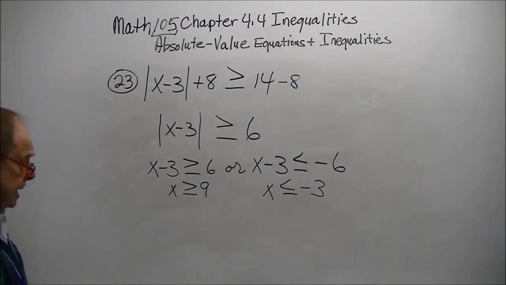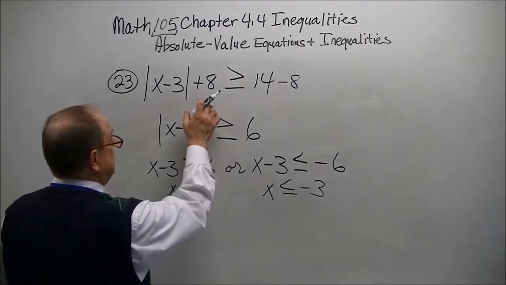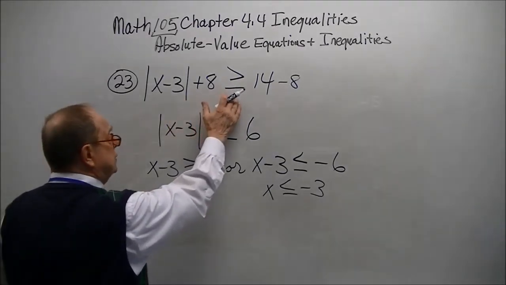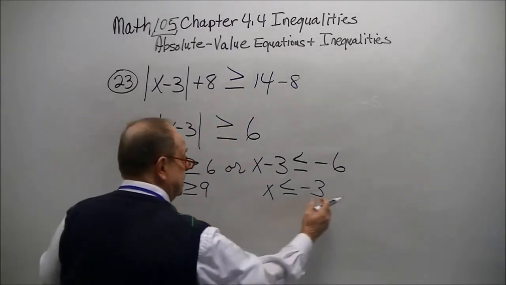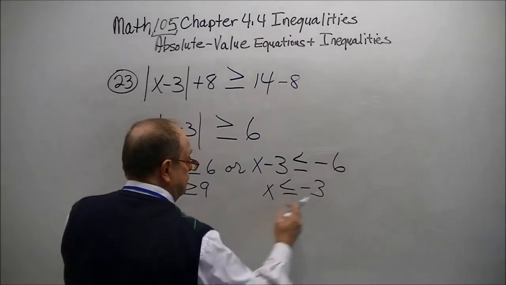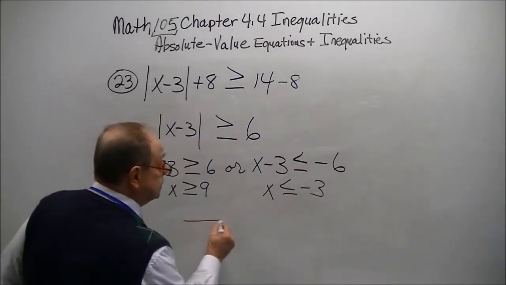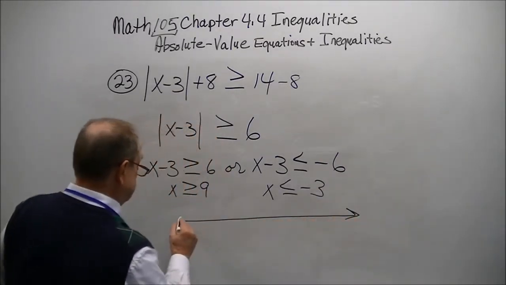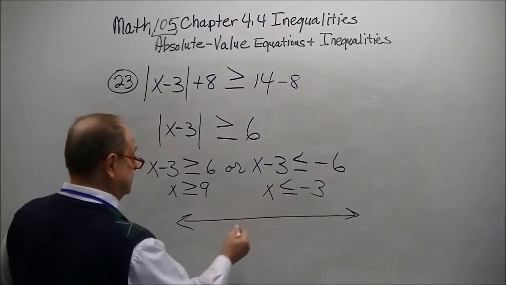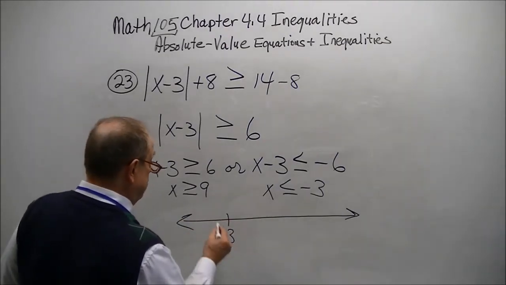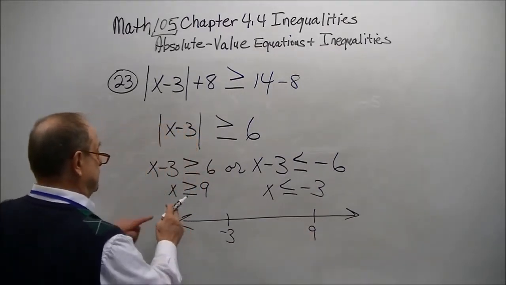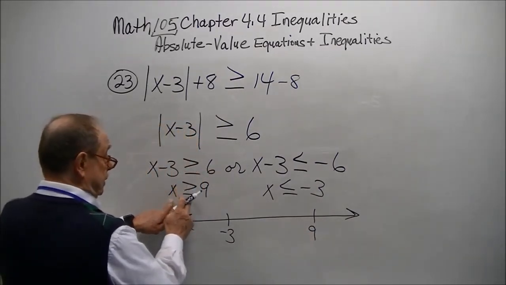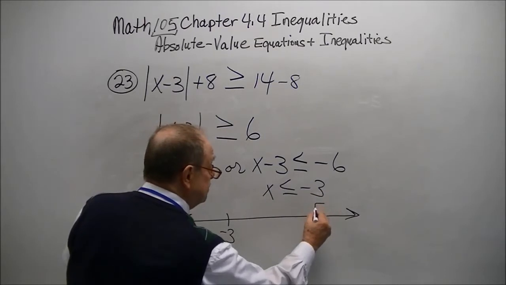Okay? Now, notice that whenever you have a greater than symbol here, you're going to have a disjunction. So let's draw the graph. And we're interested in a negative 3 and a 9. And for this one, it's greater than or equal to, we're going to use a bracket.